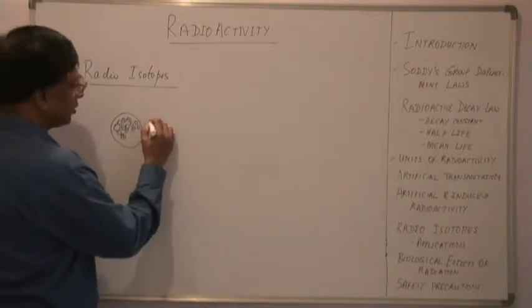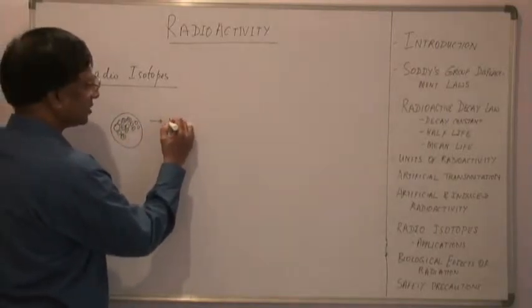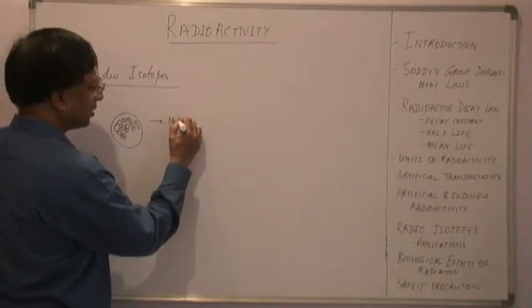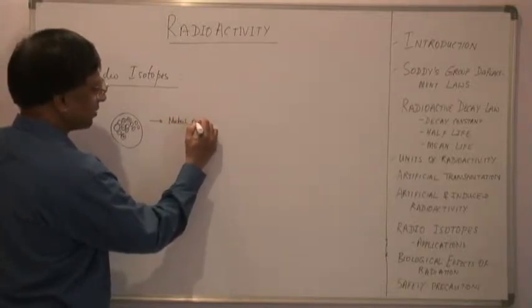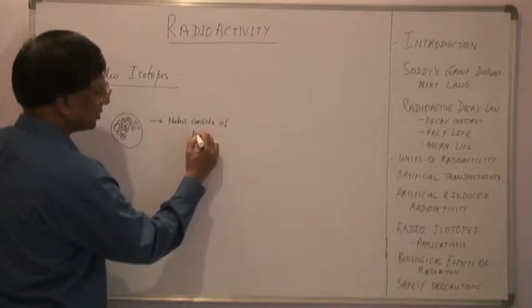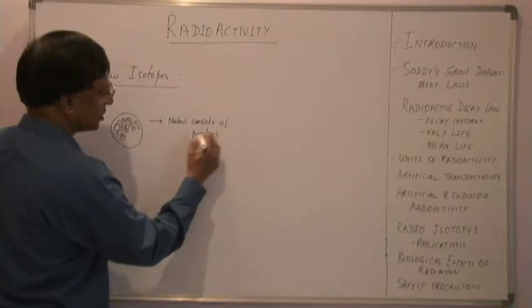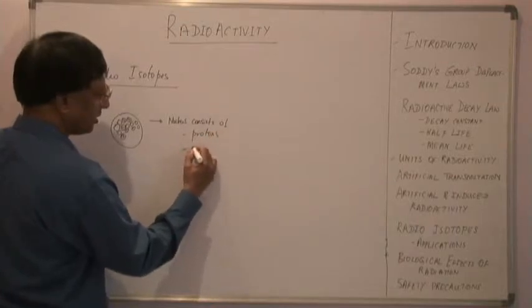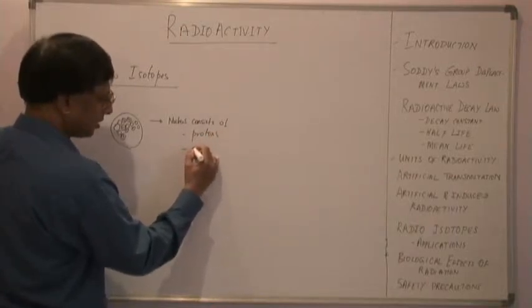So the nucleus consists of positively charged protons and neutral neutrons.